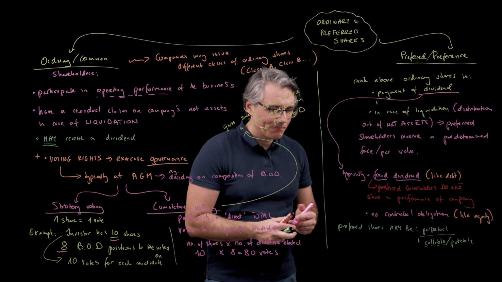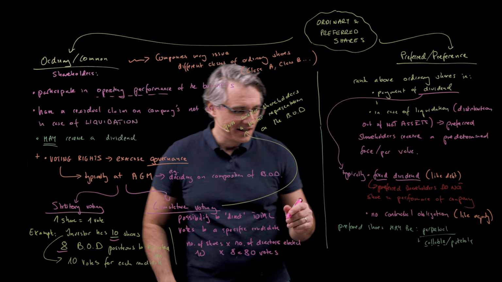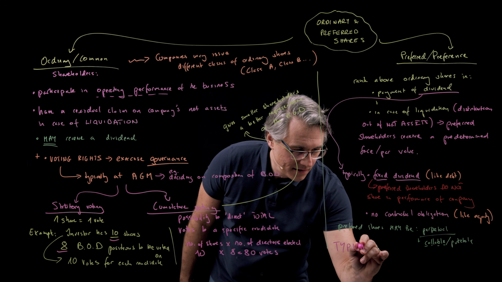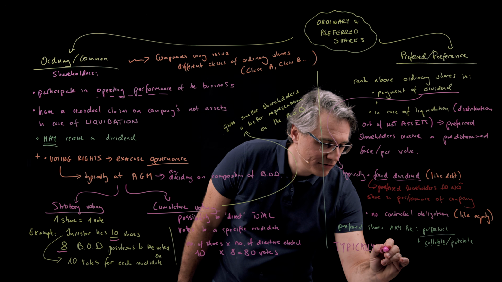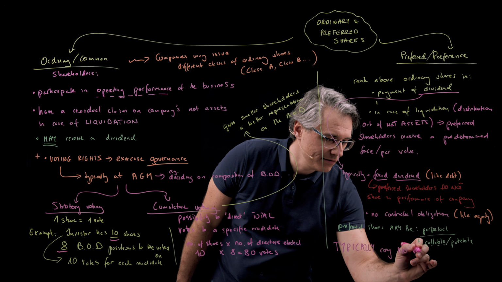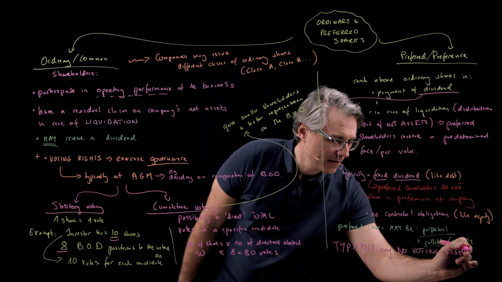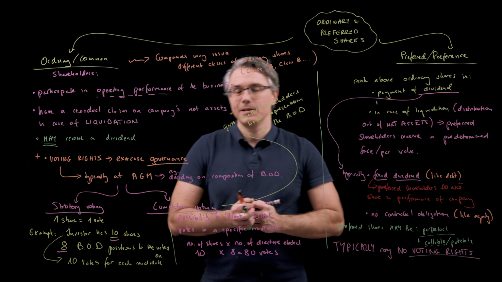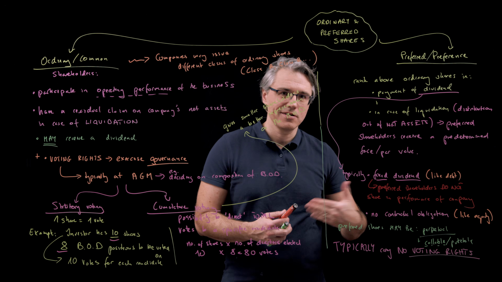Now, I think the most important feature here is that typically preferred shares carry no voting rights. They don't give you the right to vote, which once again allows us to draw similarities to debt instruments.